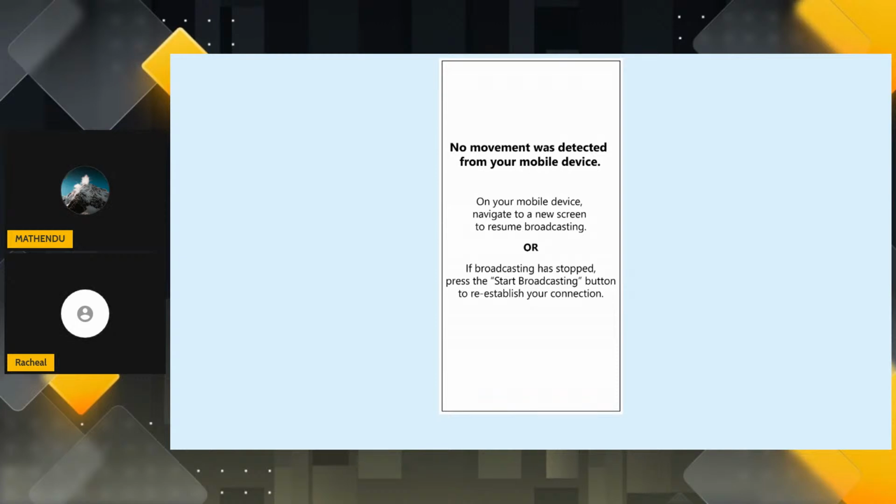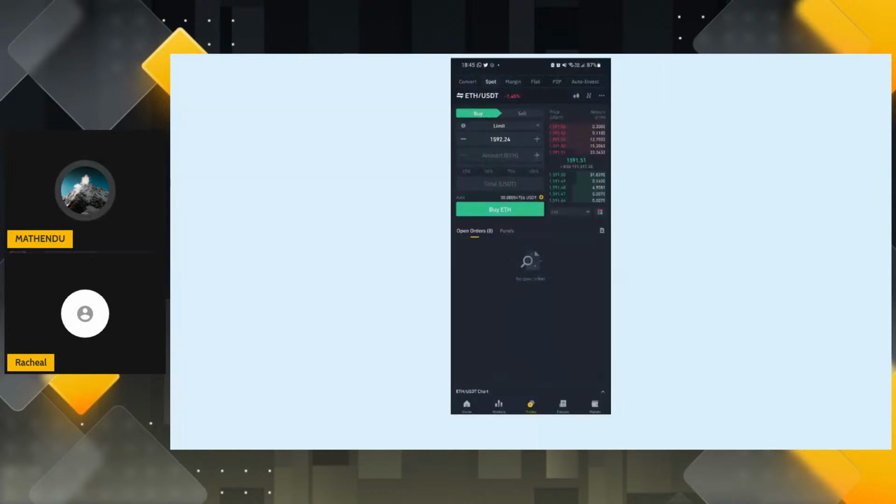I believe, Rachel, we can proceed with the web interface as I sort this screen out. So you can share your screen, and then we proceed with the web interface. Yes, as I try to sort this out. Those of us who are using the mobile interface will also be covered in detail. So perfect, it's back. You can proceed with the sharing.